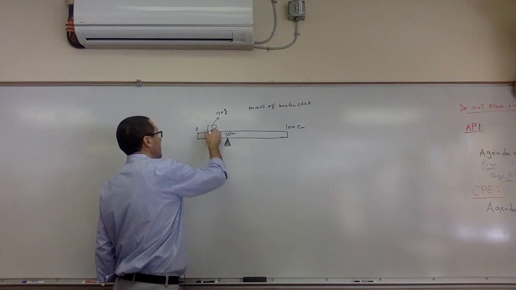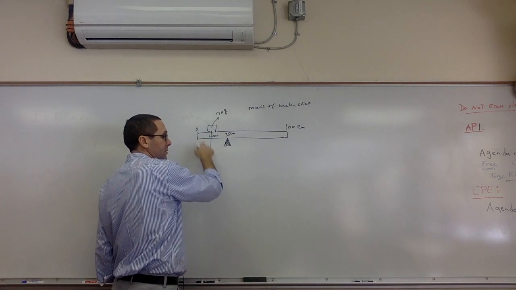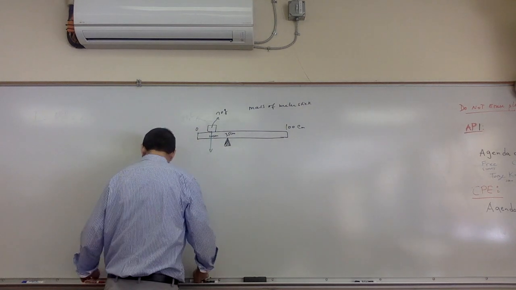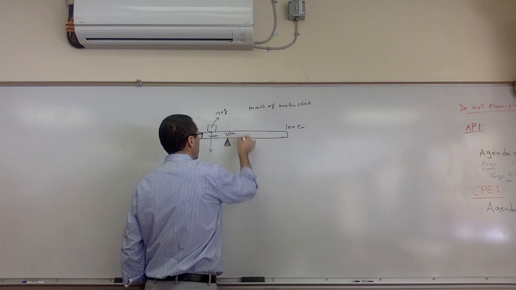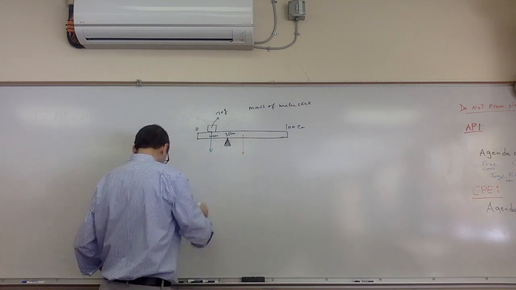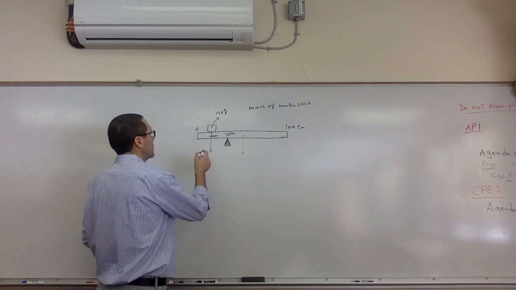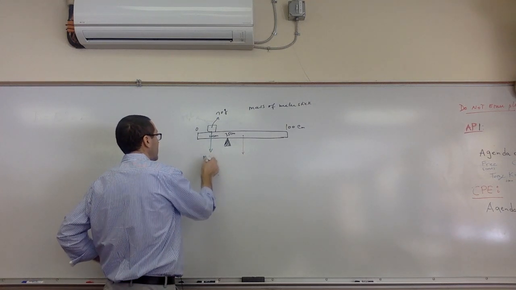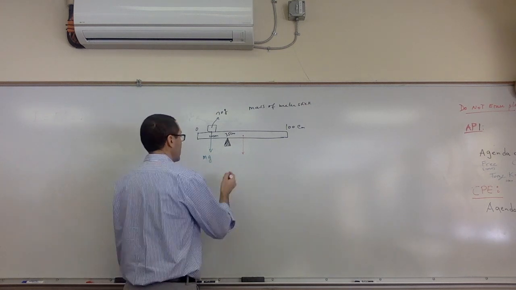So here we only have the torque caused by this, and on the other side, right smack in the middle at the 50, we have the torque caused by the stick itself. I can call this small m, and I can call this other one large M.